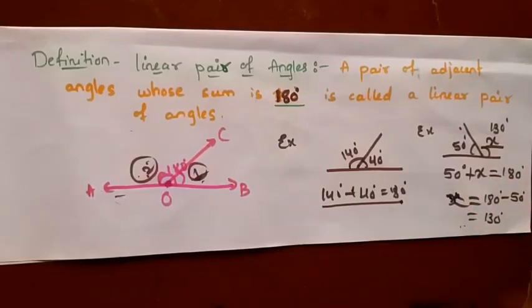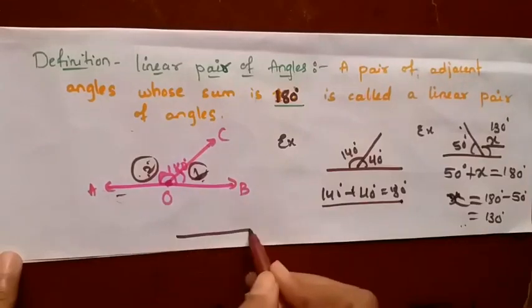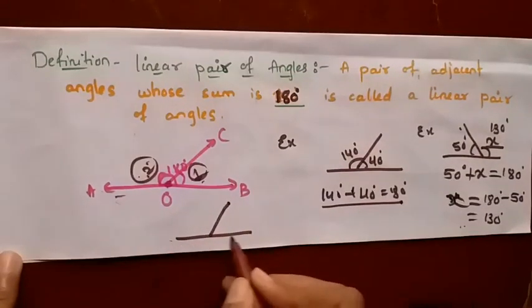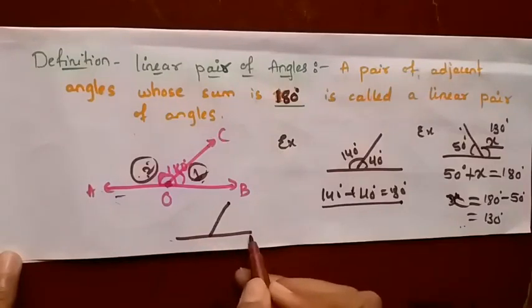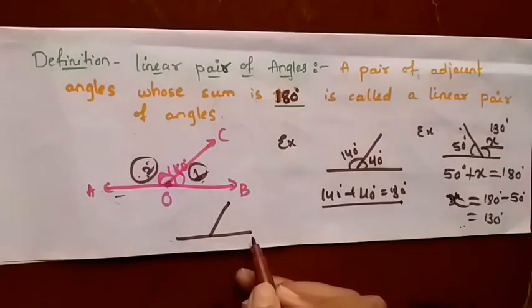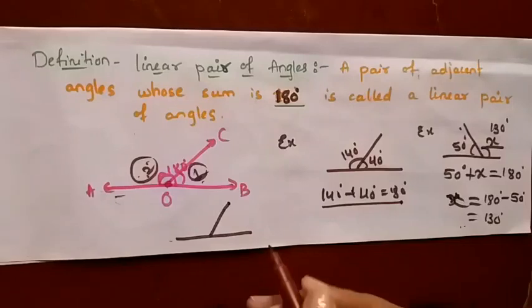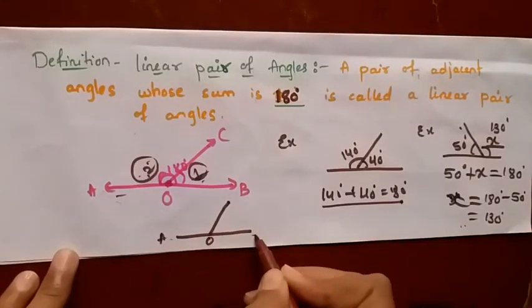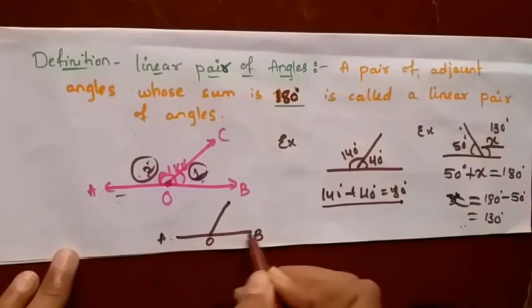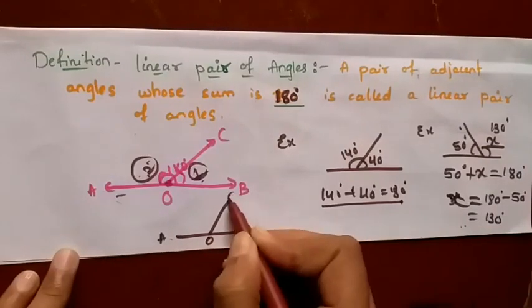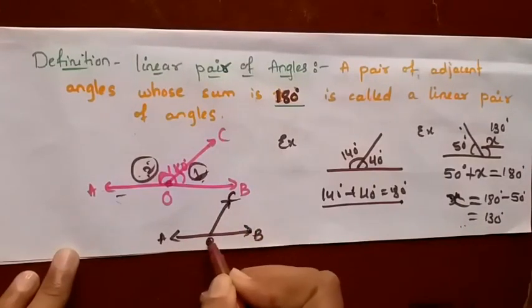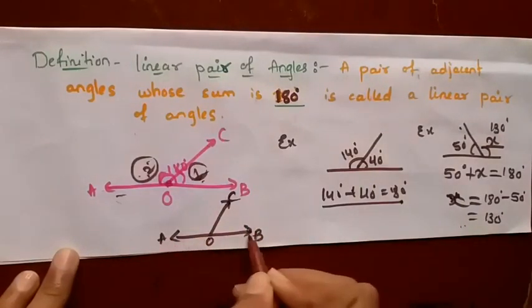A linear pair of angles has a straight angle and a ray that intersects the straight angle. This type of figure is said to be a linear pair of angles. Give the names A, O, B. AOB is the straight angle. Here the ray OC intersects the line AB.